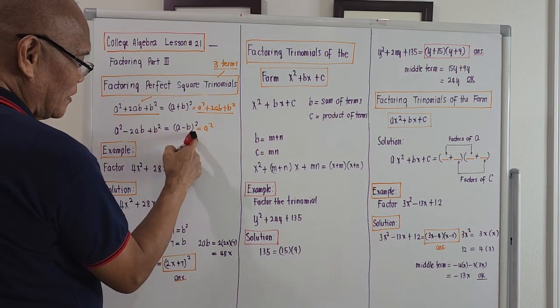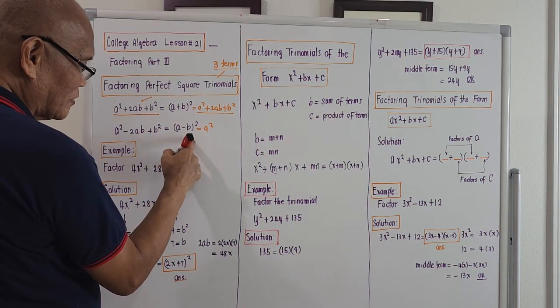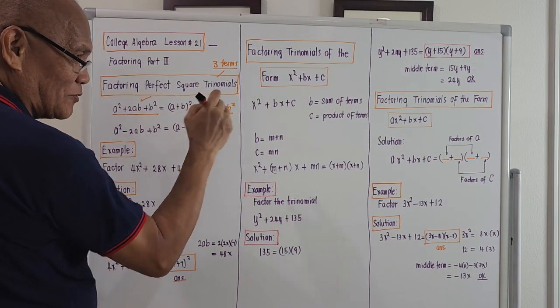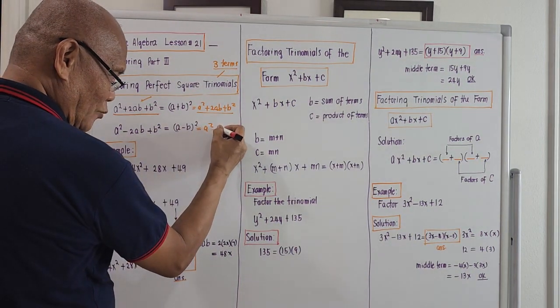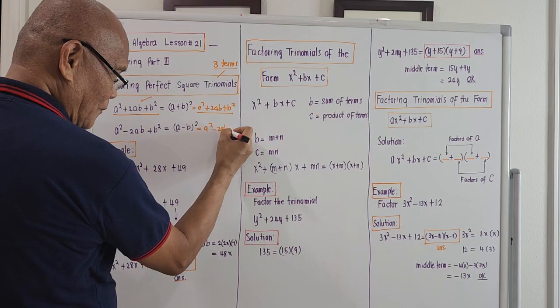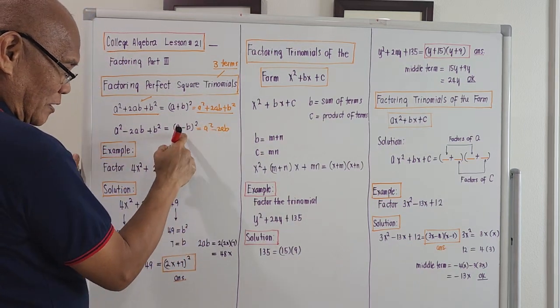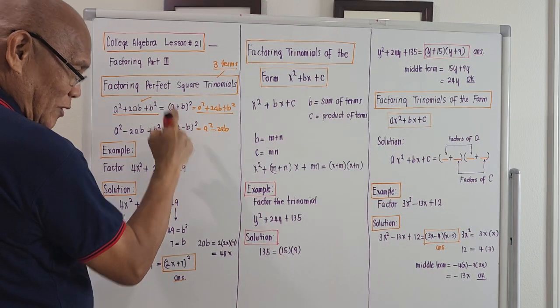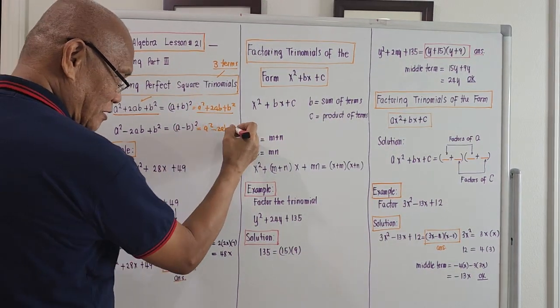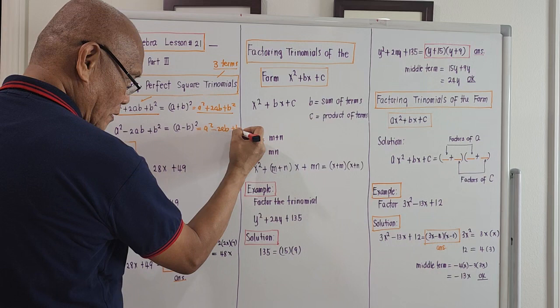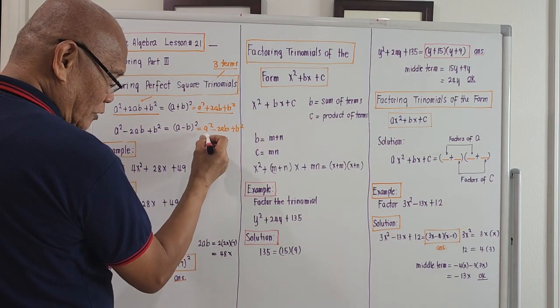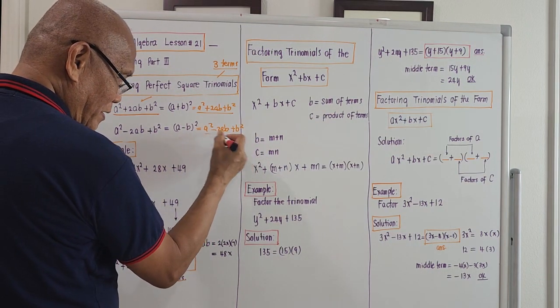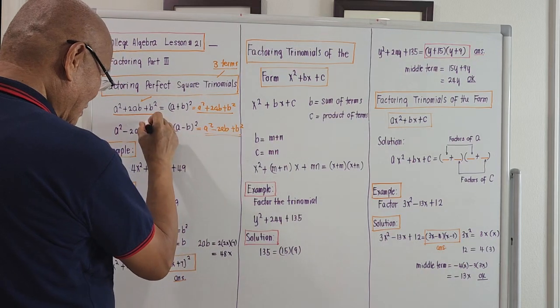The product a times negative b, which is negative ab, times 2. So the middle term will be negative 2ab. The square of negative b quantity squared will be a positive, plus b squared. And if you notice, this one is actually this one.